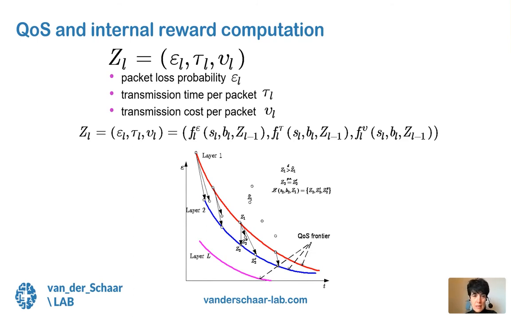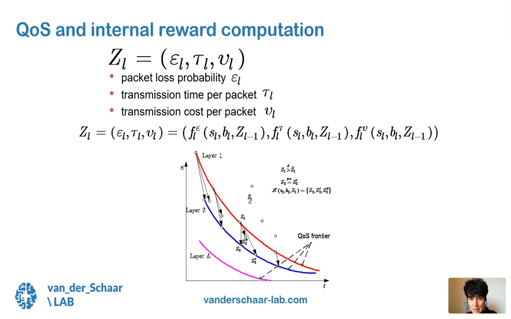This quality of service is determined in terms of packet loss probability, transmission time per packet, and transmission cost per packet. And this is a multi-objective information. And we have a Pareto frontier associated with this different quality of service or reward associated with the different selections of actions.